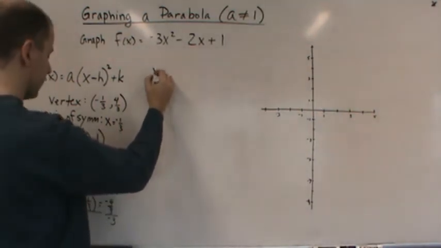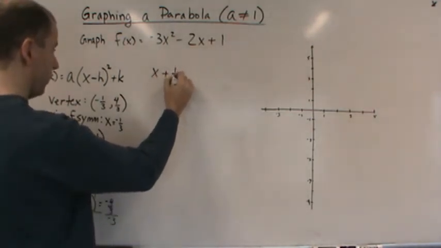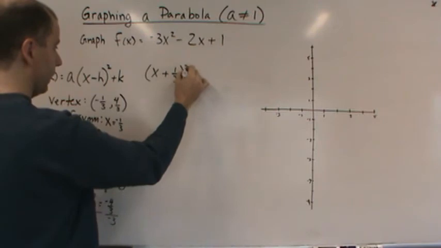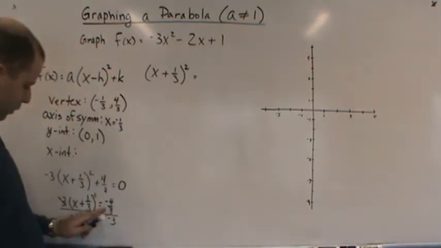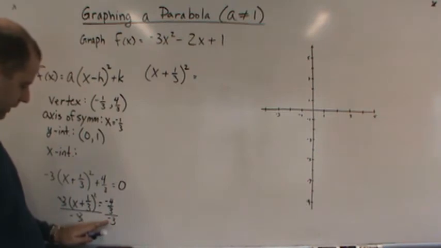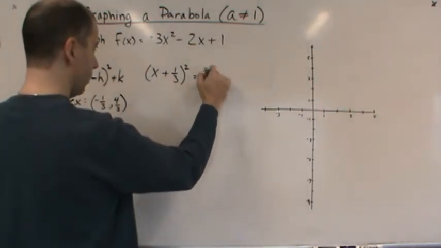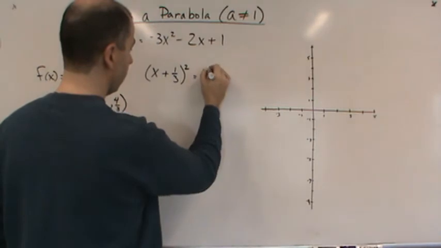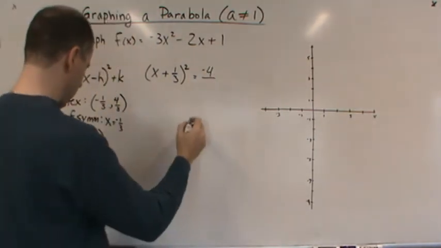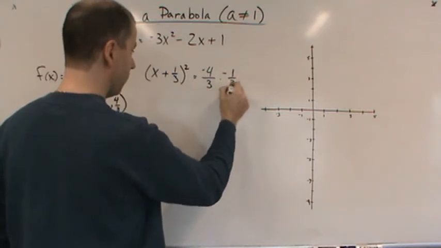We get x plus 1/3 quantity squared equals, now since we're dividing by negative 3, that's the same as multiplying by negative 1/3. So I'm going to do negative 4, hold on a second, negative 4/3 times negative 1/3.